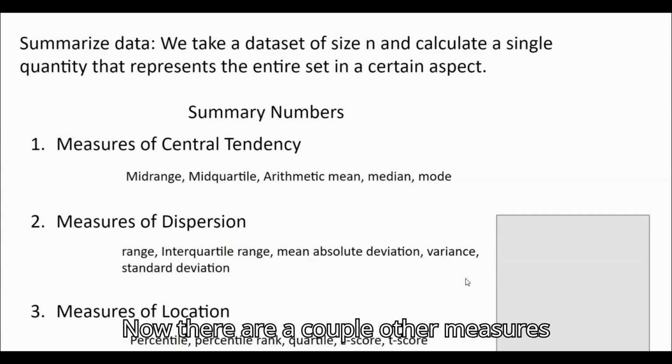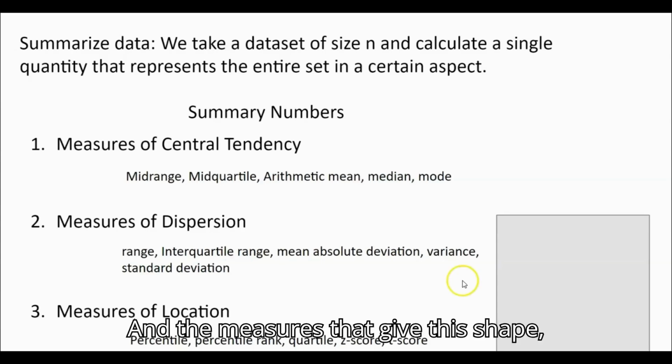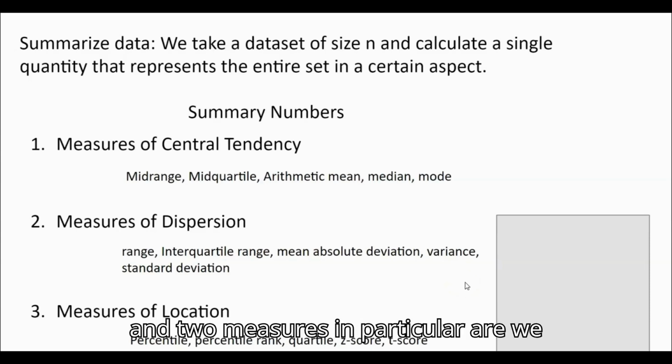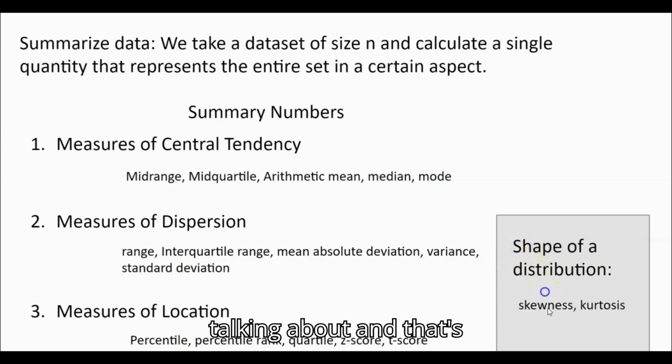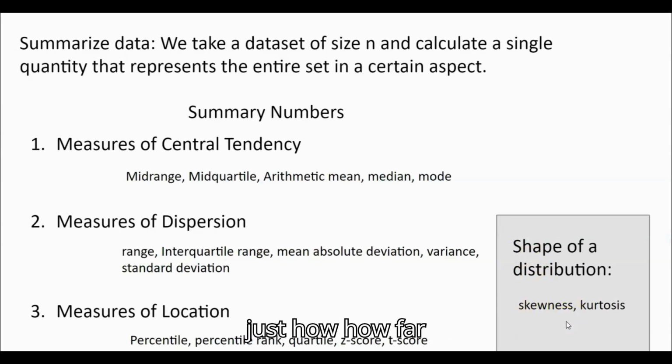Now, there are a couple other measures that are added to descriptive statistics, and they're measures that give the overall shape of the distribution. Two measures in particular are the skewness of the distribution, which means just how far off center it is.